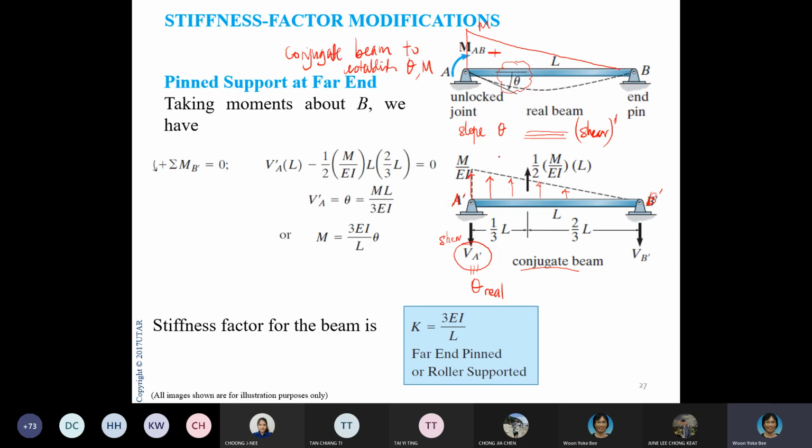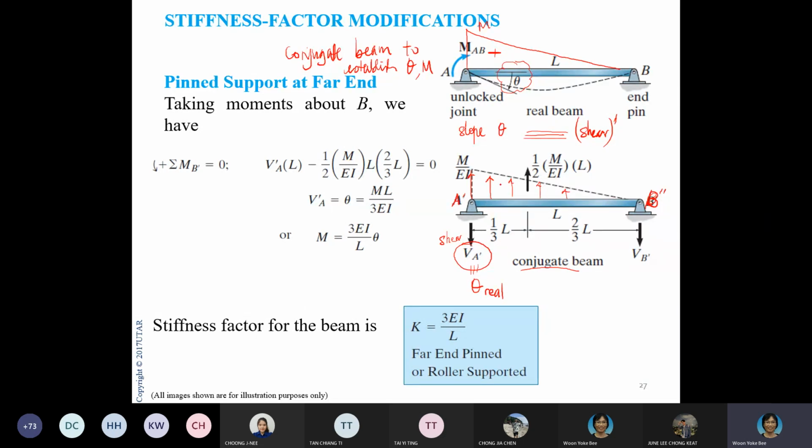If I apply my normal equilibrium equations, taking summation of moment about MB prime, I would have this equation and I can solve for VA. V prime A is equal to ML over 3EI.